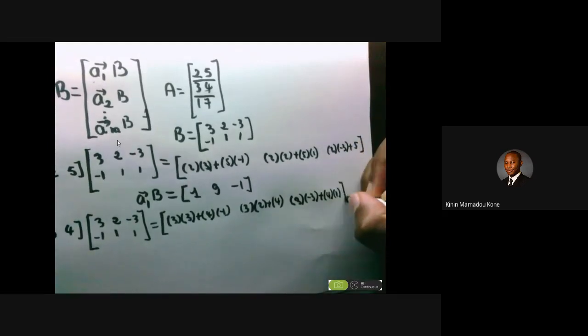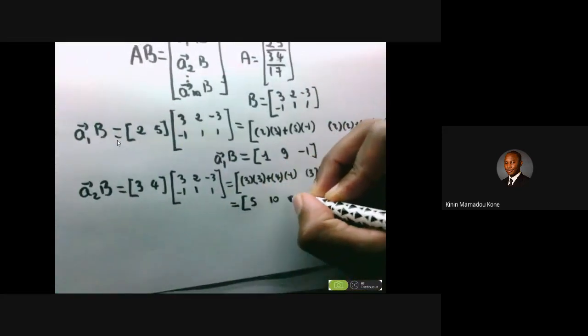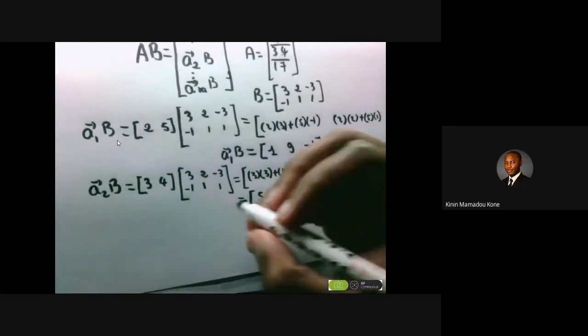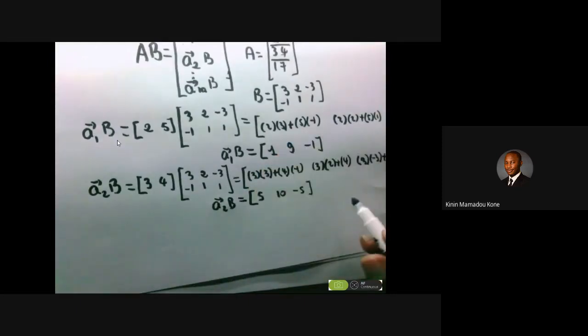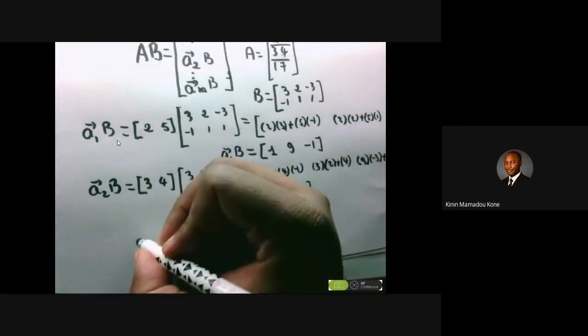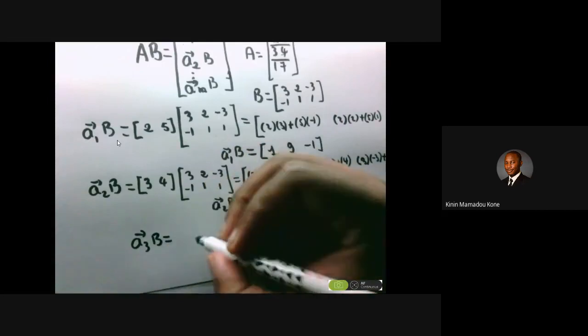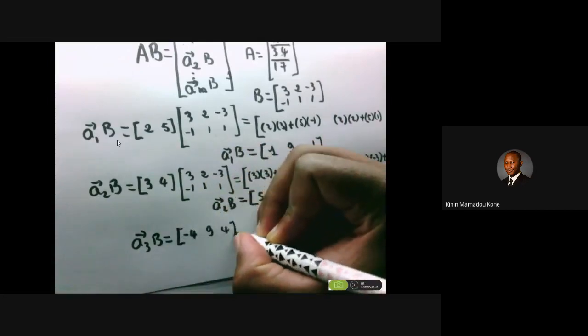When you do the calculation, you'll obtain 5, 10, and negative 5. If you do the same thing for the third one, A3 times B equals negative 4, 9, and then 4.